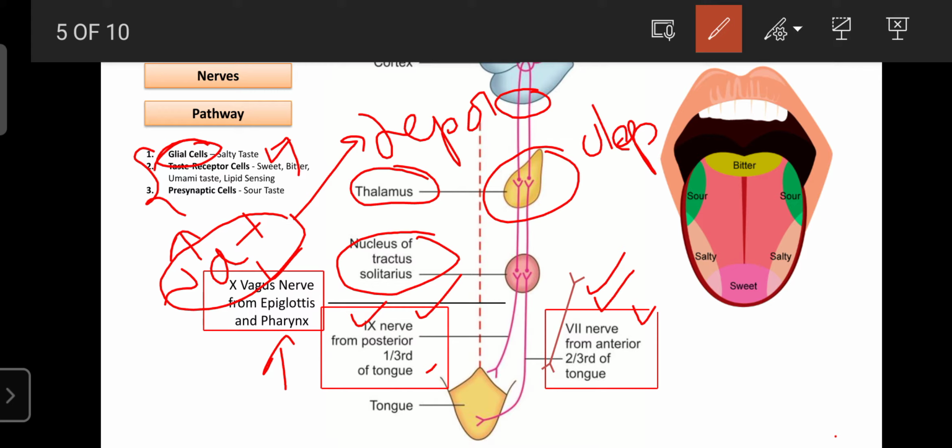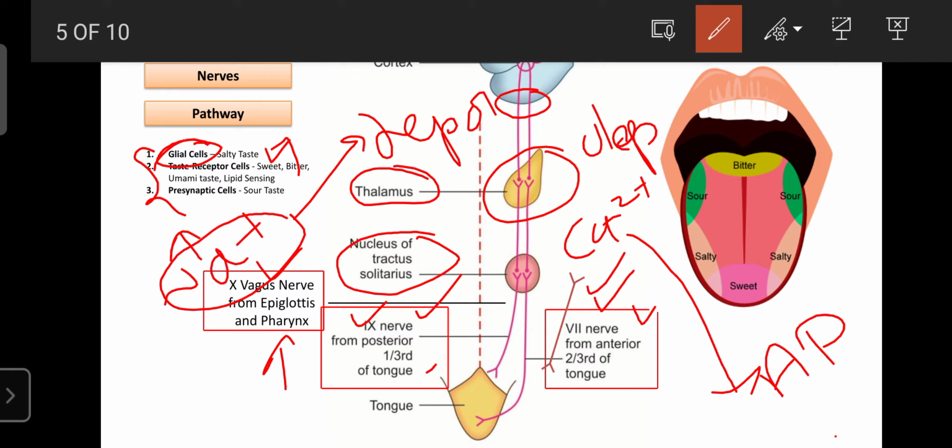So due to depolarization, the calcium channel opens on the glial cells. Due to opening of the calcium channel, calcium accumulates inside the glial cells. Then they create a certain action potential, or message, in the form of the AP or action potential.